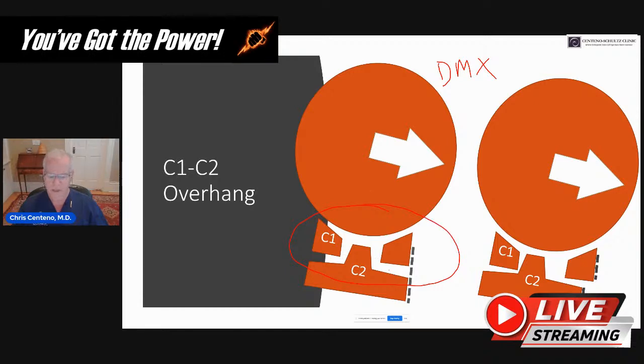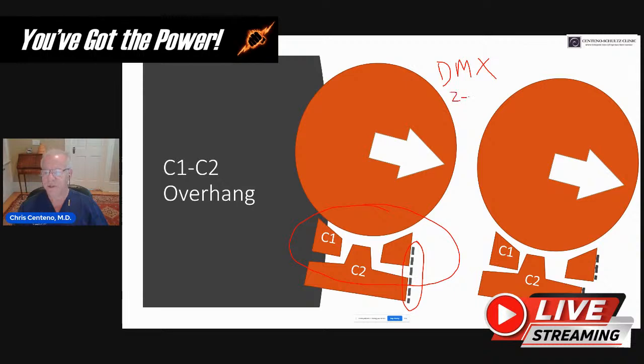C1 and C2 are supposed to stay nicely lined up as you tilt your head over. There are maximum allowed movements here based on the Freeman and Katz study.